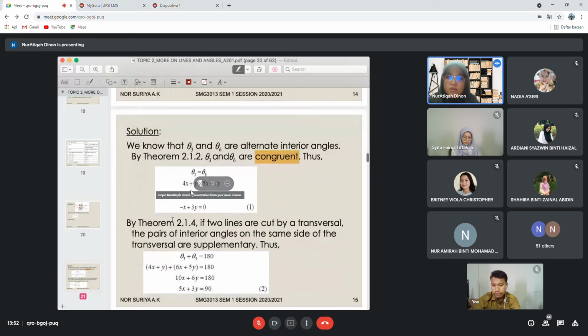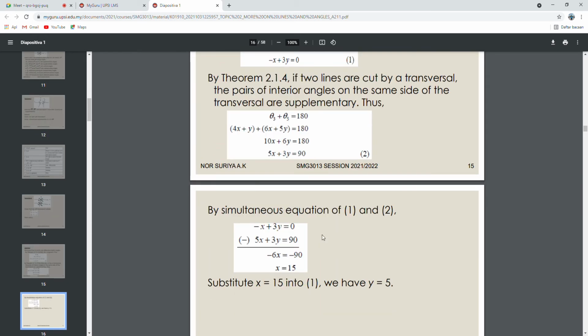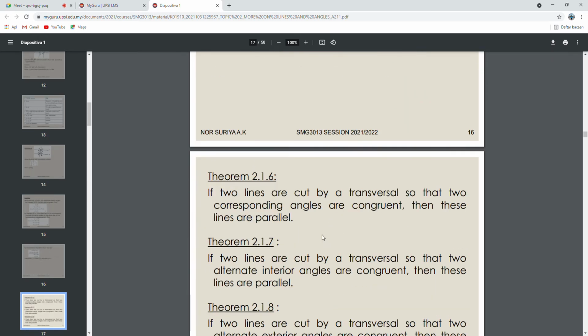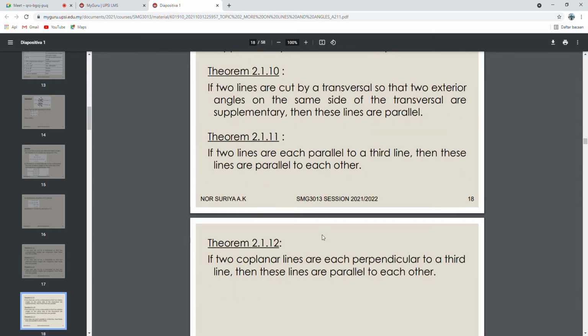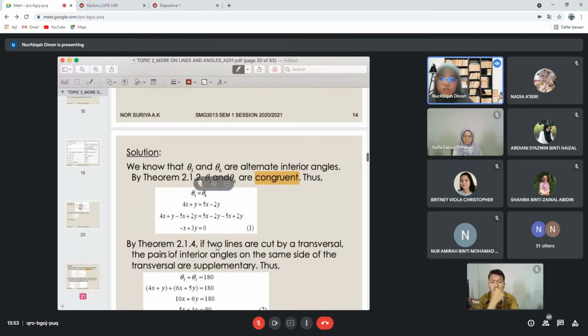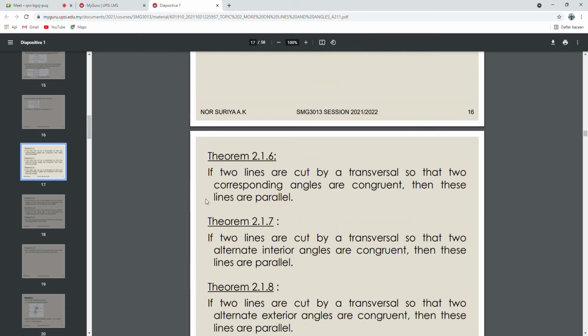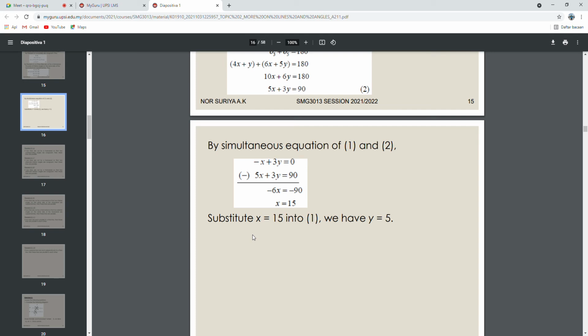Theta 3 and 5 are a pair of interior angles on the same side, because 3 and 5 are on the left side of the transversal. If two lines are cut by a transversal, theorem 2.1.4 says the pairs of interior angles on the same side of the transversal are supplementary.